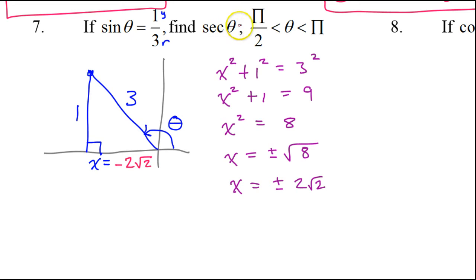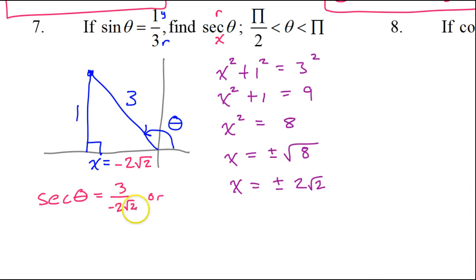Now, we are supposed to say what secant is. Secant is the reciprocal of the cosine. So cosine is x over r, so the secant will be r over x. So secant will be the radius divided by this x value.